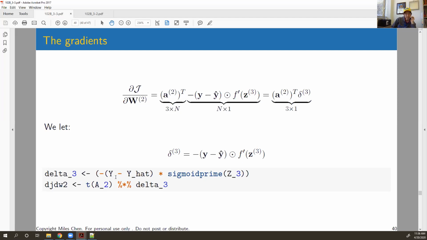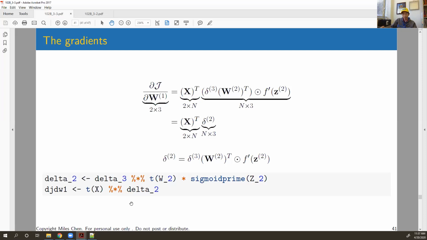I write delta 3 is y minus y hat times sigmoid prime of z3. Then I matrix multiply A2 transpose by delta 3. Again, I can confidently do these operations because I took the time to write my dimensions underneath, so I don't have to worry about dimension mismatch errors. I'm going directly from the math results to a code result.